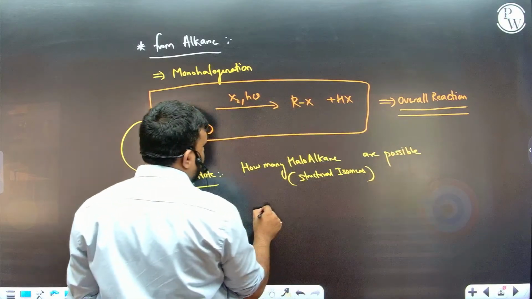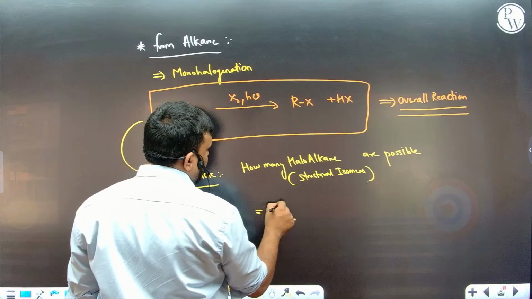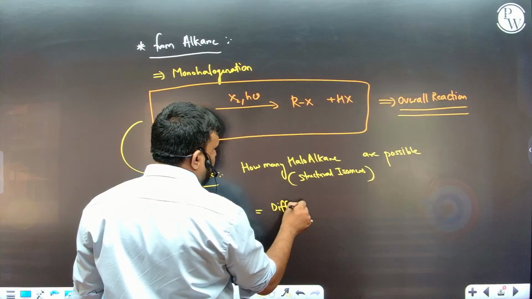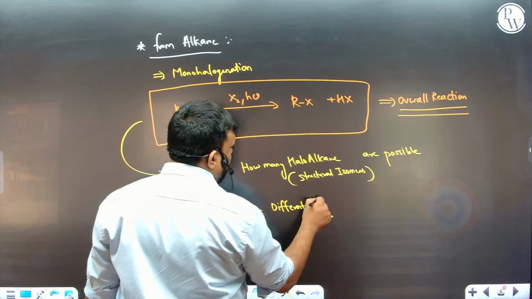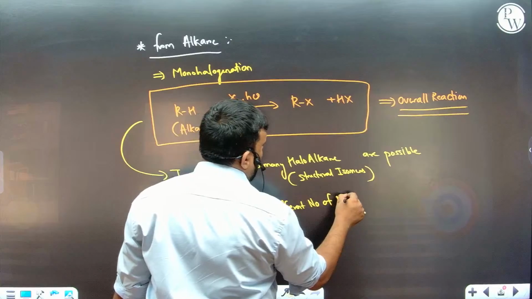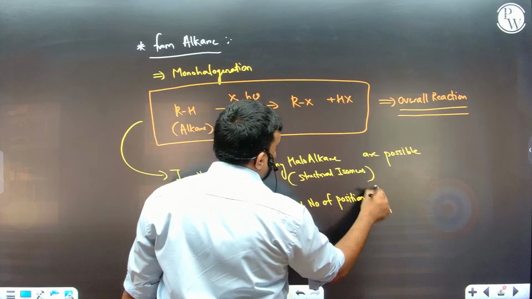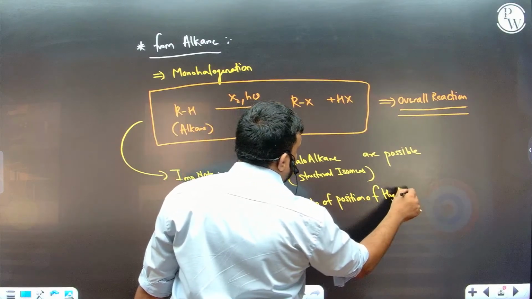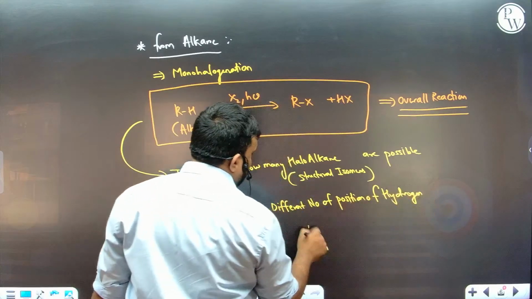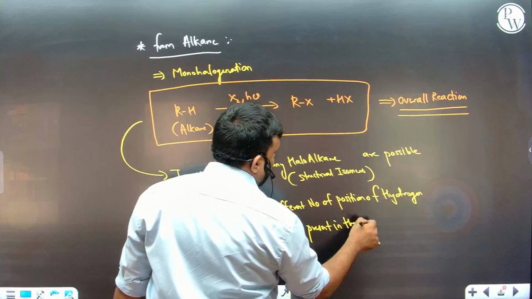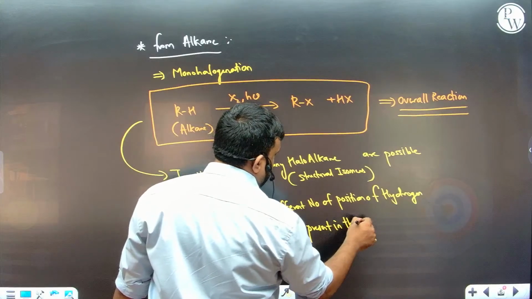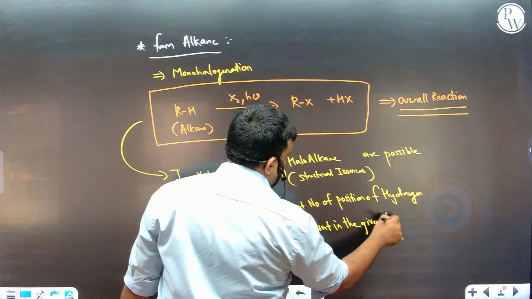If they are asking us about structural isomers, how many haloalkane structural isomers are possible? You will say equal to the different number of positions of hydrogen present in the given alkane.